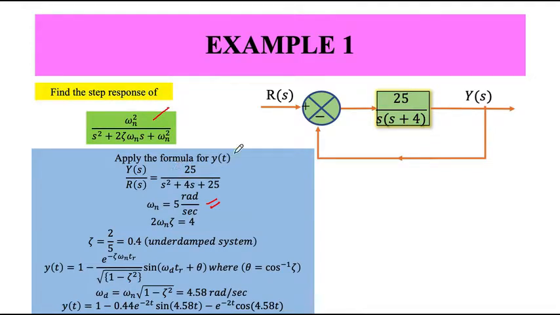Therefore zeta can be easily computed. Omega n square is 25, so omega n is 5. If I put 2 zeta omega n equal to 4, then I find zeta is 0.4, and omega n is in radian per second.